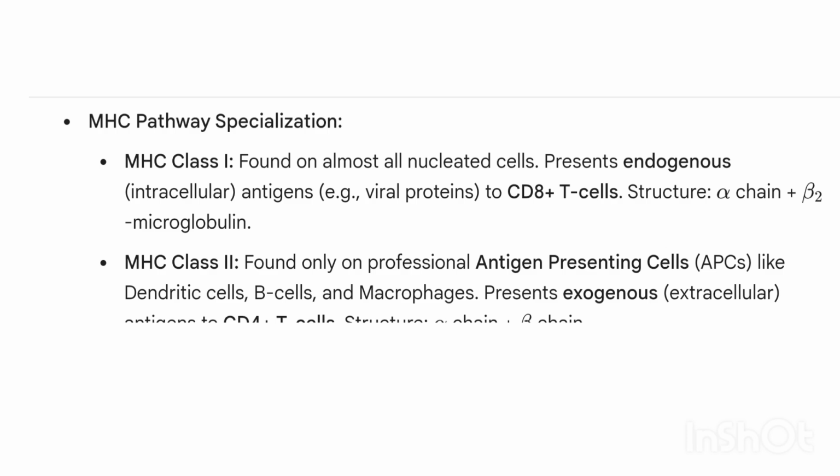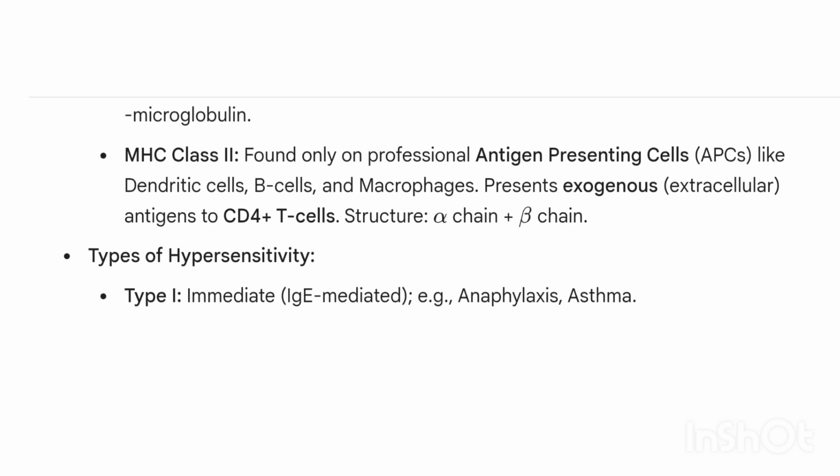Now let's check MHC class 2. It's found only on professional antigen presenting cells, APCs, like dendritic cells, B cells and macrophages. And it presents exogenous antigens.